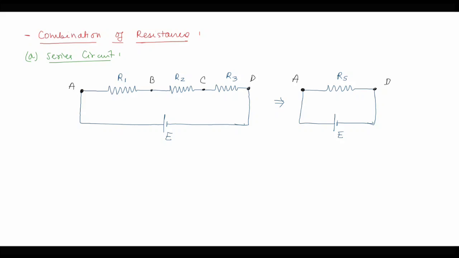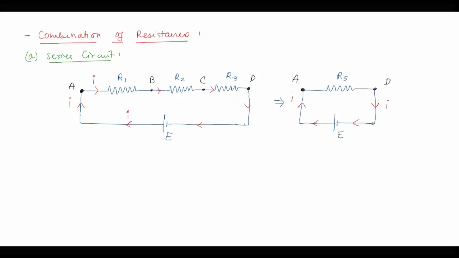When we say we are talking about a series combination, we mean that the current flowing through each resistor is the same. The potential difference across them may be different. Here also, I current is flowing through each resistor.